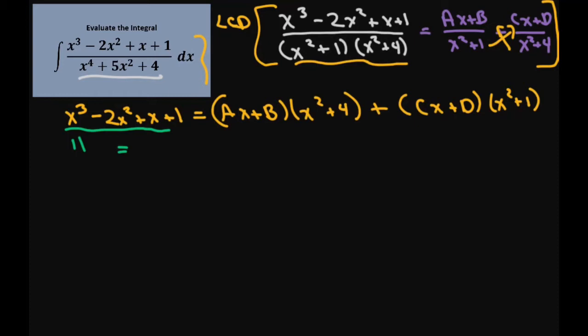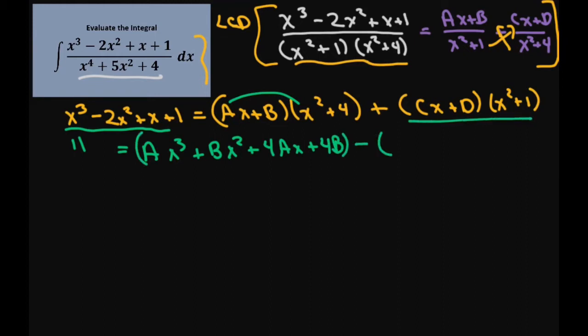We're going to have ax cubed plus bx squared plus 4ax plus 4b. All right, that's that piece. And then for this side, we get cx cubed plus dx squared plus cx plus d. We multiply that by 1.